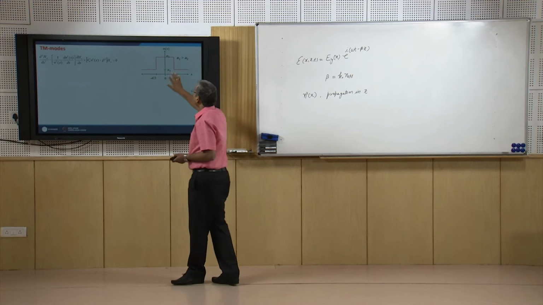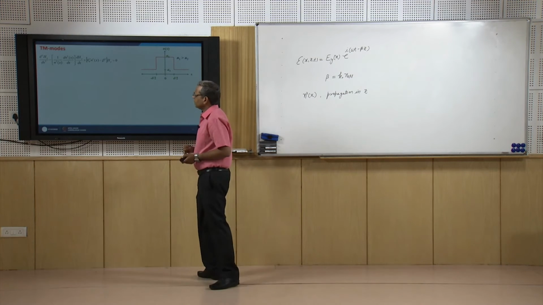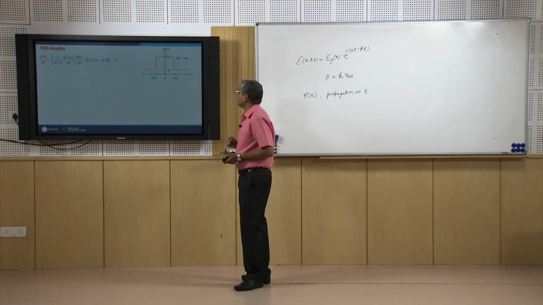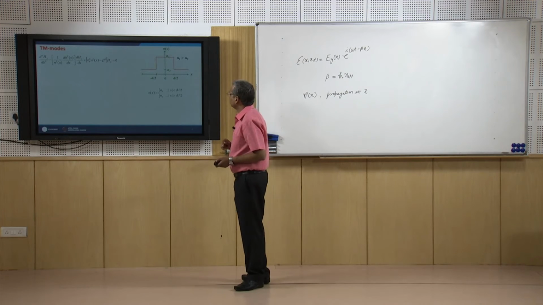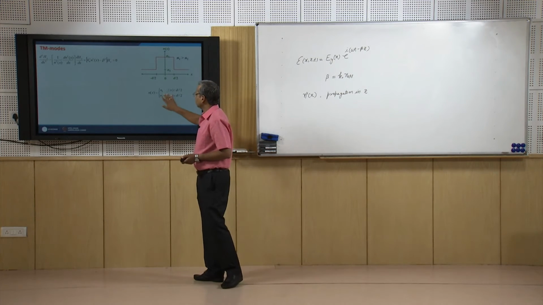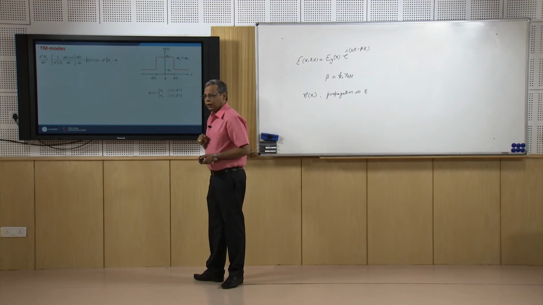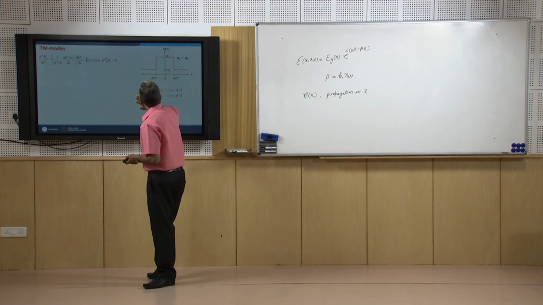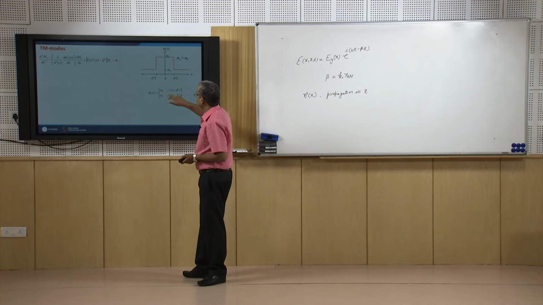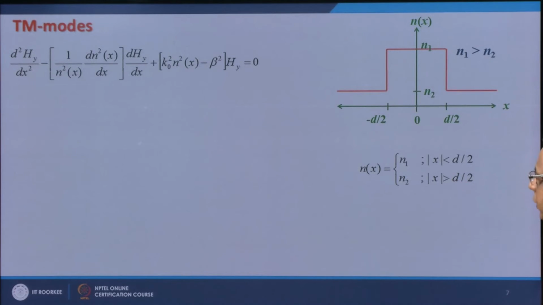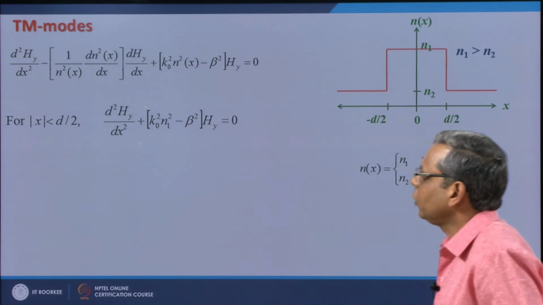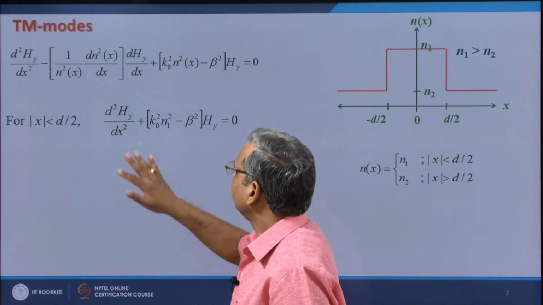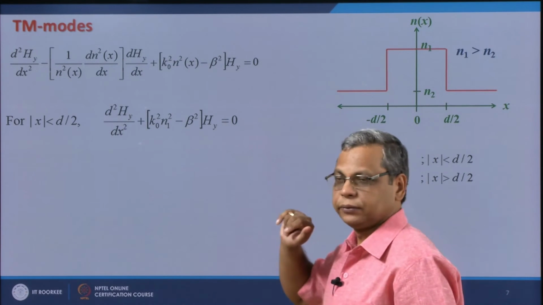So, this is the waveguide which we are considering. Again, a symmetric dielectric planar waveguide where n of x is given like this. The procedure is again the same: I need to write this equation in this region and in this region. So, for mod x less than d by 2, I get this equation.